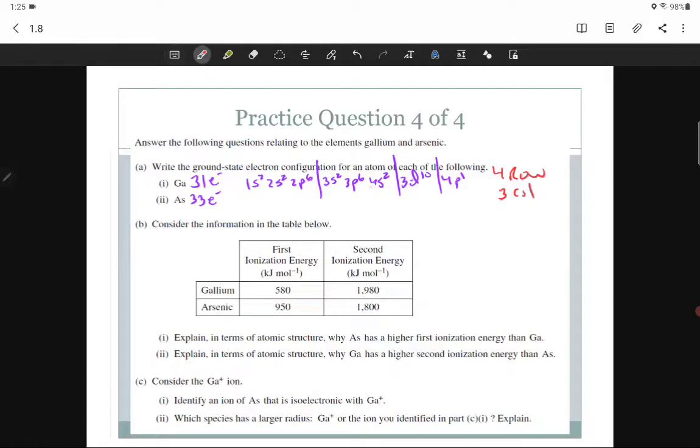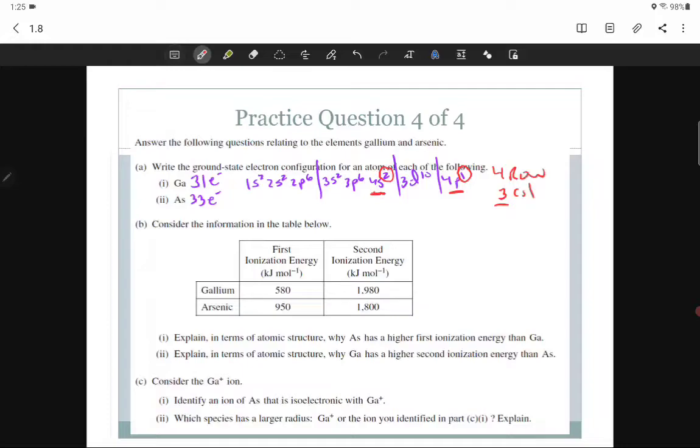It should end in 4s and 4p, and those in the highest principal energy level, in this case 4, should have a total of 3 electrons. 2 plus 1 is 3. So you can kind of keep straight how far you should be going out by doing the row and column idea there.